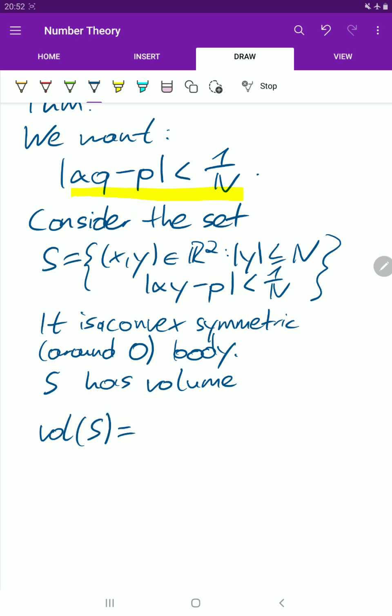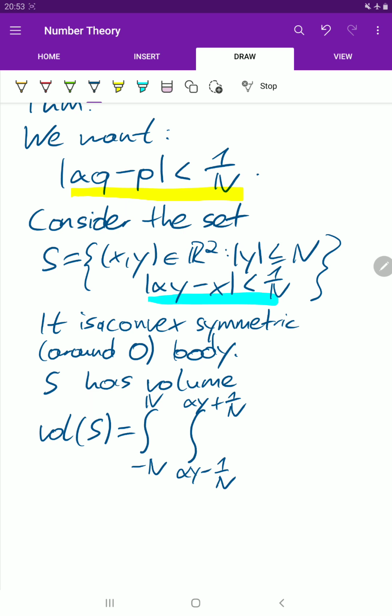So we have y ranges from -n to n, and then, I wrote a p here, sorry, this should be of course an x, alpha y minus x, and x now ranges from alpha y minus 1 over n up to, just rewriting the condition here, alpha y plus 1 over n.